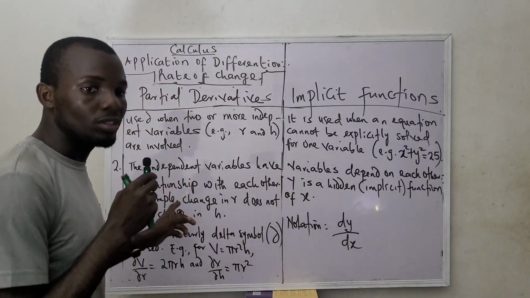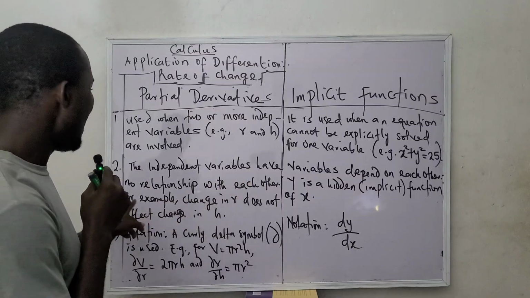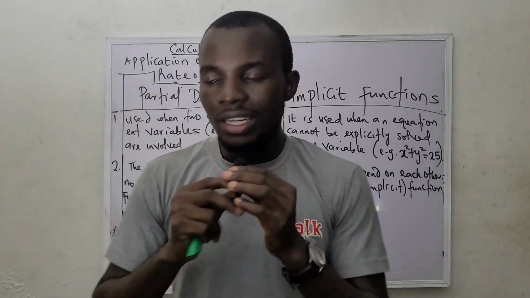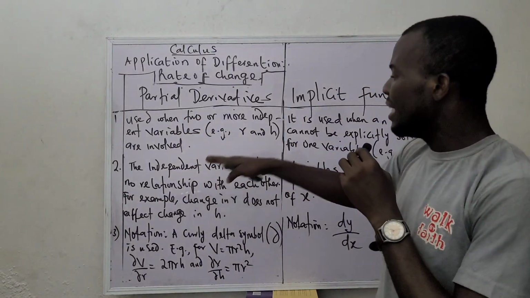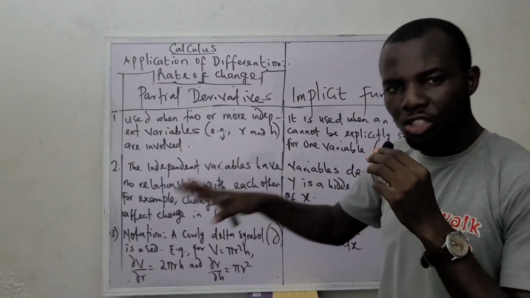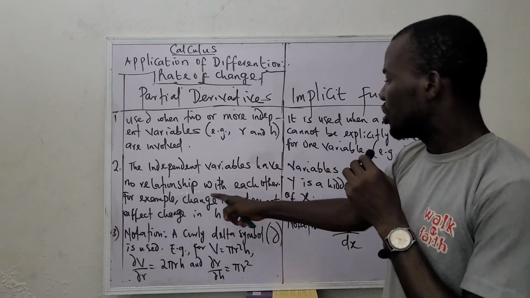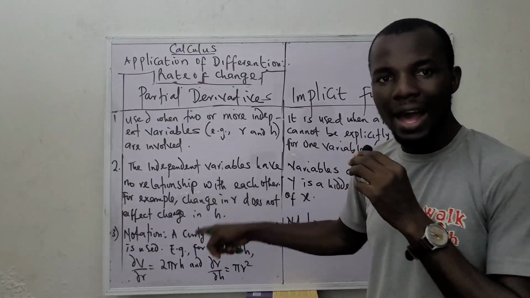Now, another thing to take note of is that the independent variables have no relationship with each other. Over here, it's a partial derivative because the independent variables have no relationship with each other. For example, change in r does not affect change in h.